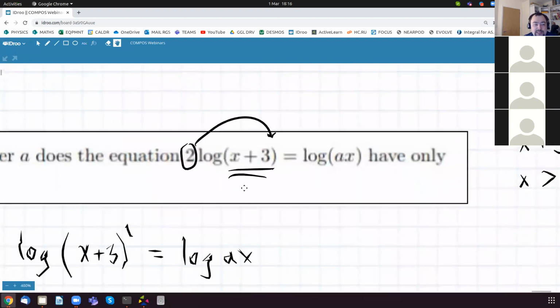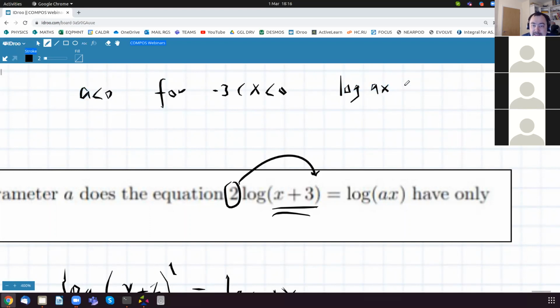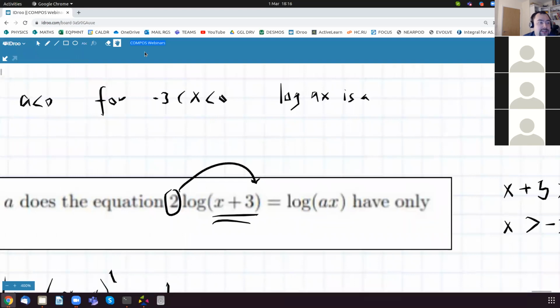So, a little bit more strictly speaking, for x from -3 to 0, log(ax), if a is less than 0, is a monotonically decreasing function.